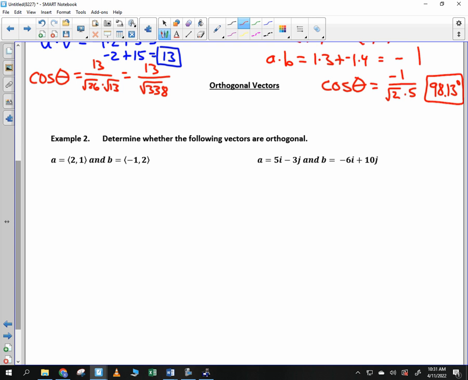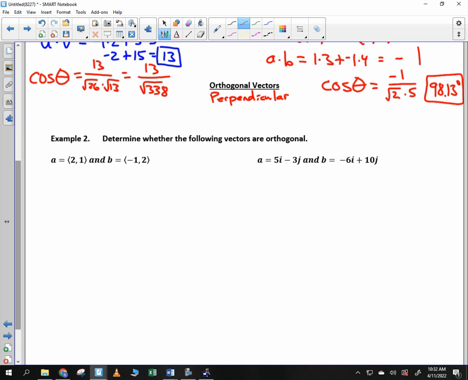Is it tough? But is it new? Yes. Orthogonal vectors are vectors that make 90 degrees. They're perpendicular. And here's what's interesting. If it's perpendicular, what is the angle formed? 90 degrees. What is the cosine of 90 degrees?